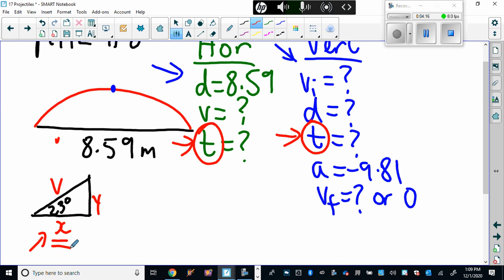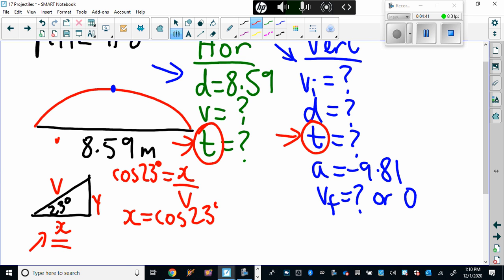Okay, so the horizontal components, the horizontal velocity can be written as an expression, the cosine of 23 equals x, adjacent over the hypotenuse, which is v. Okay, and we're going to solve that for x. X equals cosine 23 degrees v.